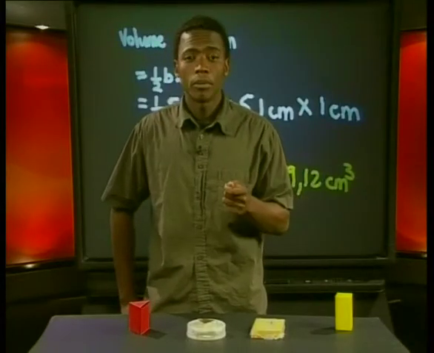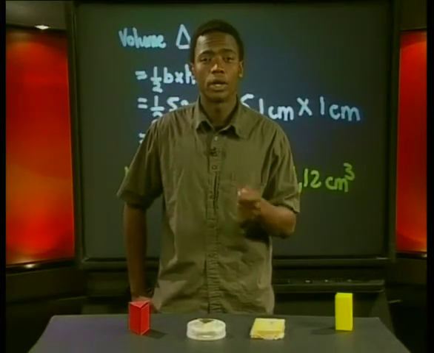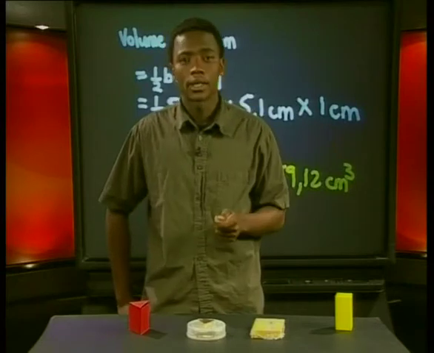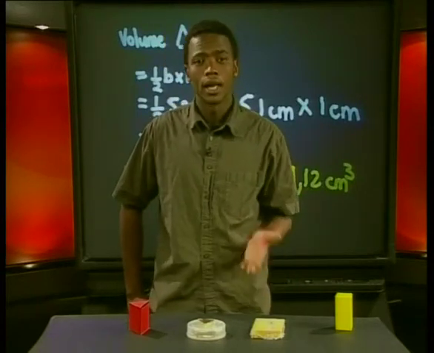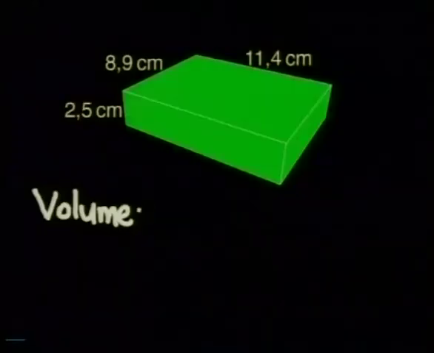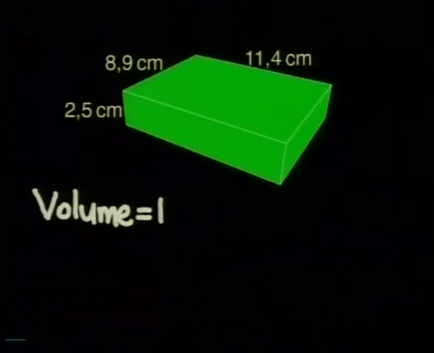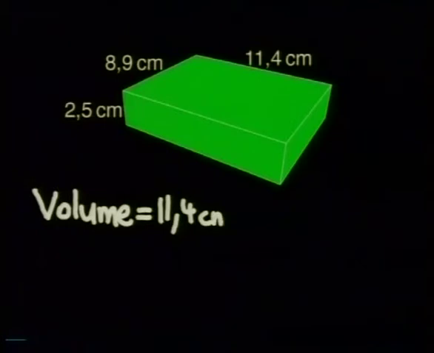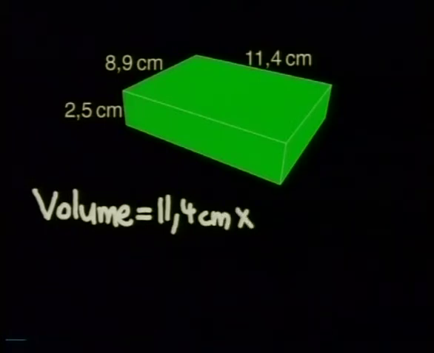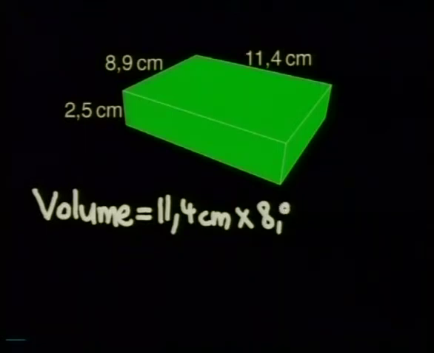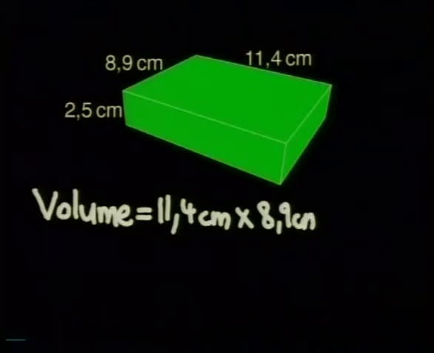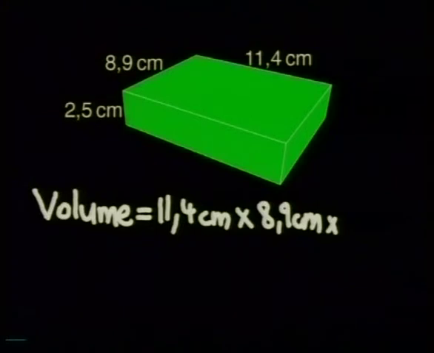By applying the formula for the volume of a right rectangular prism, I have worked out that this piece of hard cheese has a volume of 11.4 centimeters times 8.9 centimeters times 2.5 centimeters.